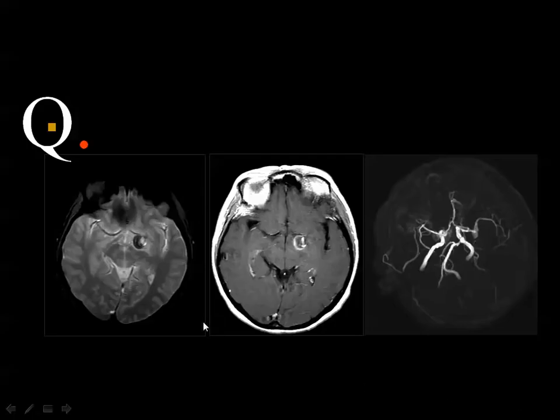Axial T2, T1 post contrast, MR angiography of the brain. Where is the lesion?